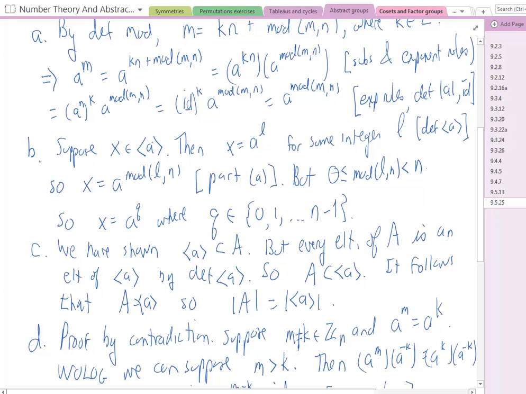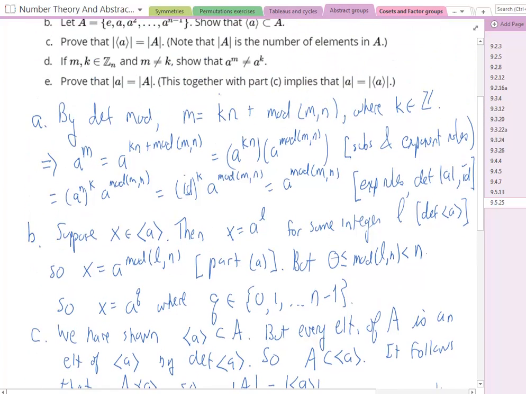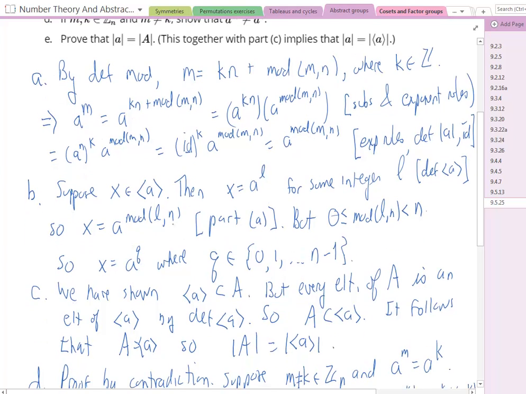Suppose x is in the orbit of a. Then x equals a to the L for some integer L. That's the definition of the orbit of a. So x is equal to a to the mod of L n, because that just follows from what I had up here: a to the m is equal to a to the mod of m n, so a to the L is equal to a to the mod of L n. But the mod of L n is between 0 and n.